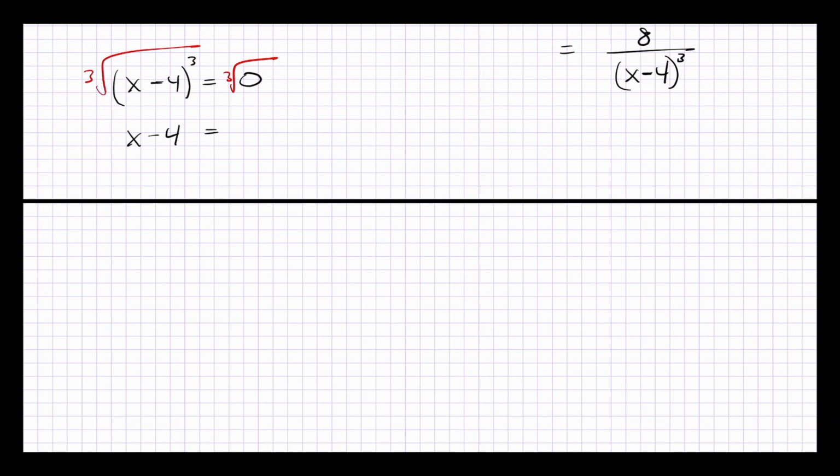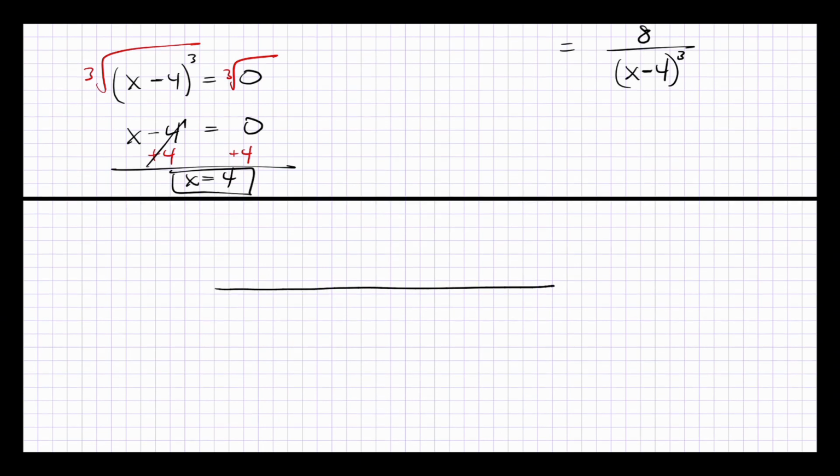X minus 4 equals 0. Add 4 to both sides. Okay. So I have a critical, actually I have an inflection point at 4. 4 is an inflection point. Okay.